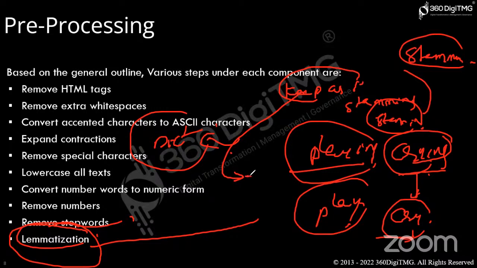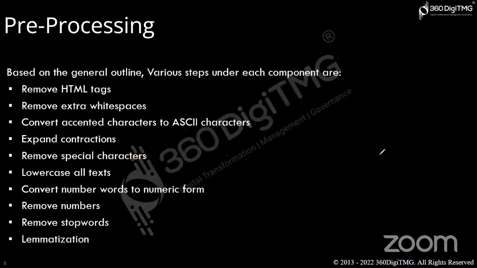In that case, it will replace it with the nearest dictionary word. That is lemmatization. Compared to stemming, lemmatization is a bit more intelligent, because it will look into the dictionary, and only then it will replace.